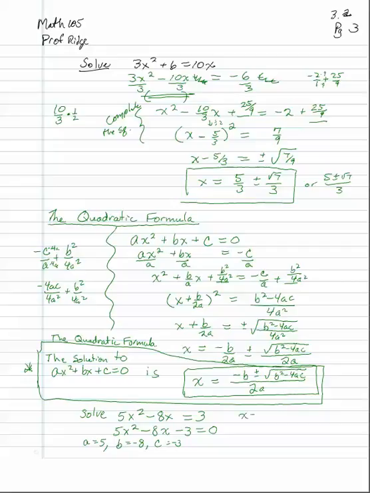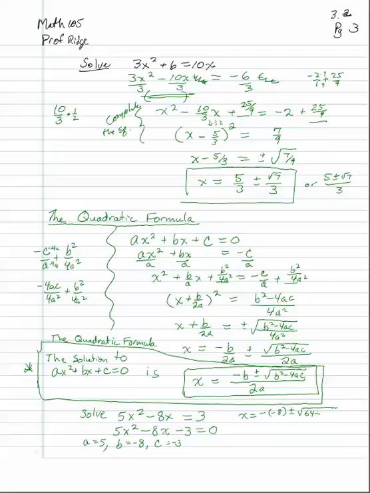So x equals the opposite of b, plus or minus square root of b squared, which is 64, minus 4 times a times c. So it's 4 times 5 times negative 3, which will be negative 60.